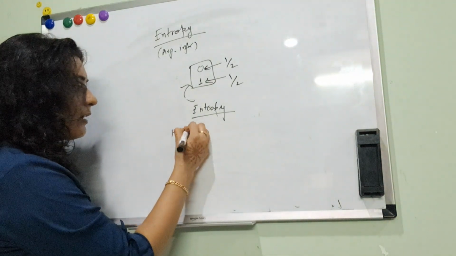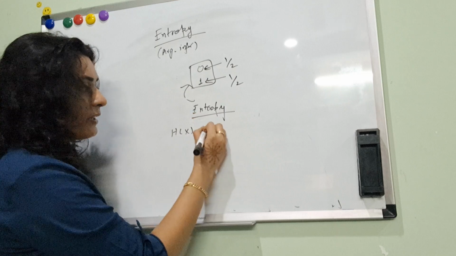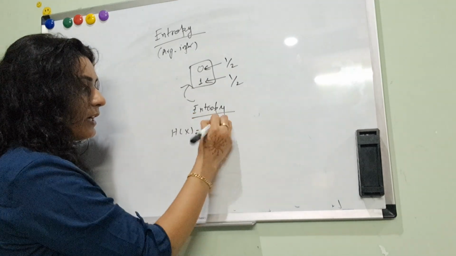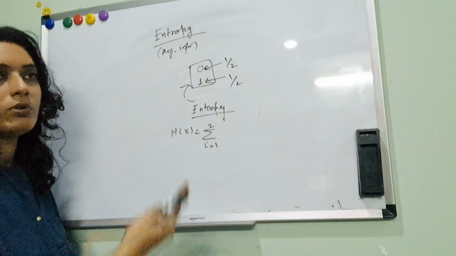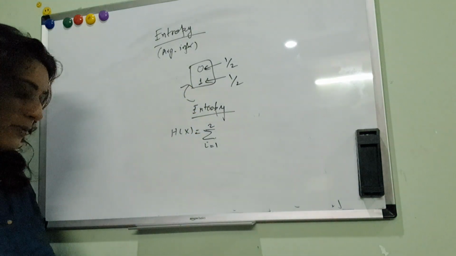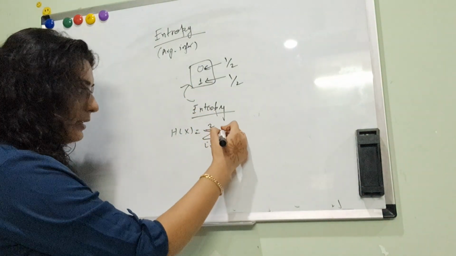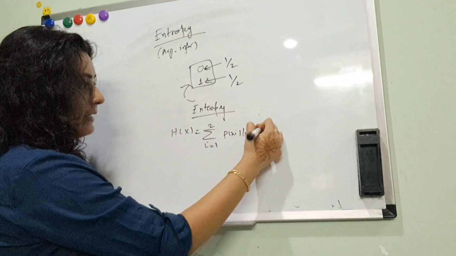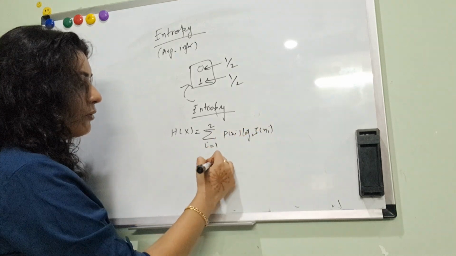We can write it using that expression, i starting from 1 to 2, because only 2 symbols are there in a binary source, Pxi log Ixi.